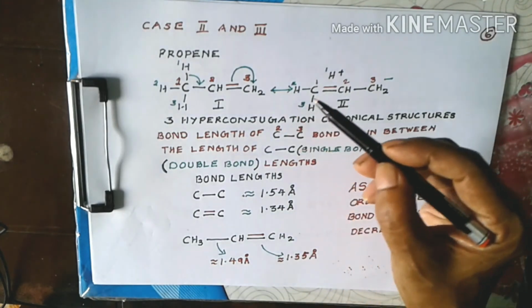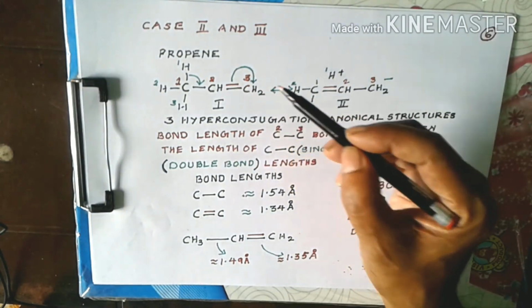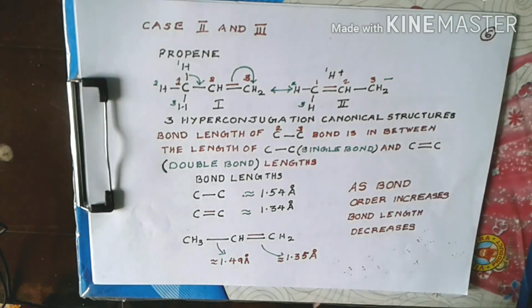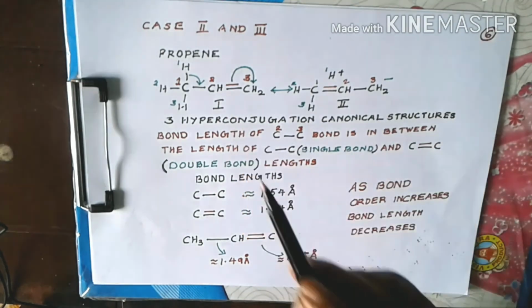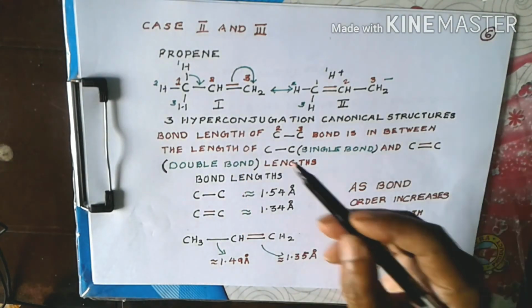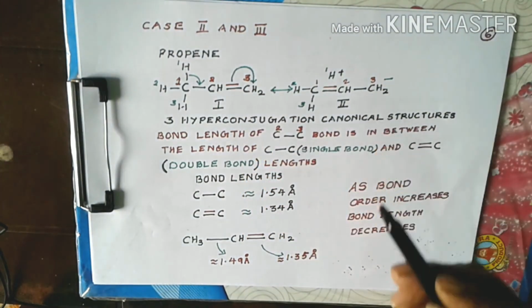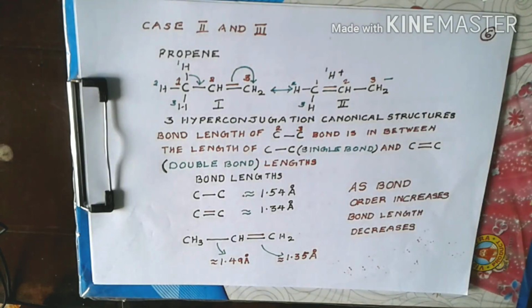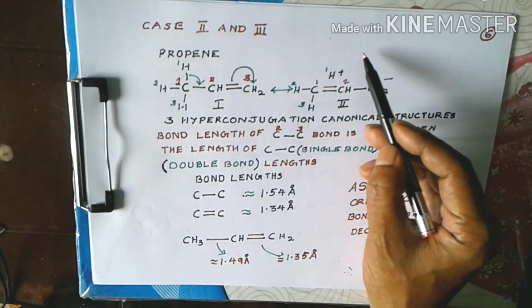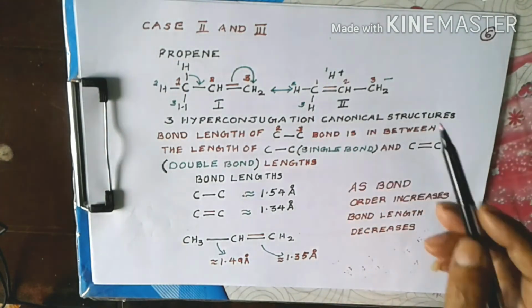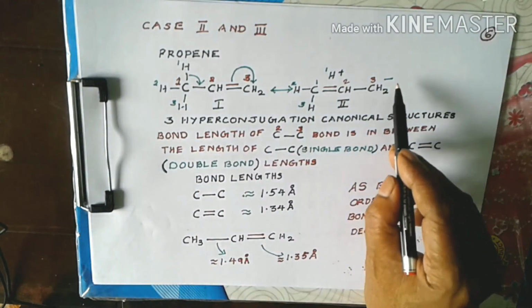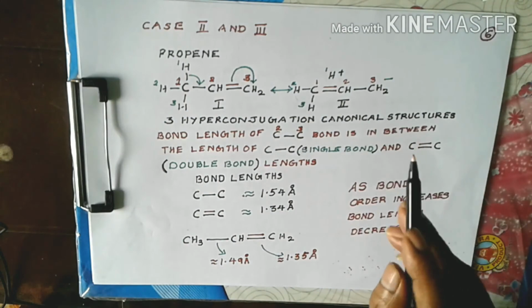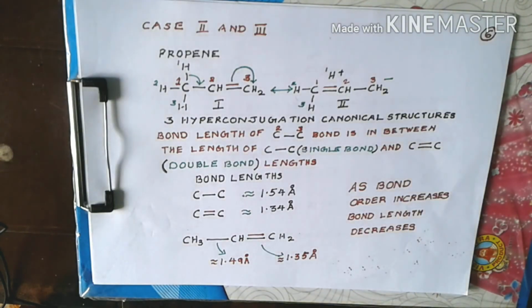And since this double bond is getting converted to a single bond here, the bond order of this 2,3 bond will be less than 2. It will be between bond order 2 and bond order 1, so the bond length will be between a double and a single bond. And since this is a charged structure, its contribution will be less. This is uncharged, so this hyperconjugation canonical structure will contribute less to the resonance hybrid.